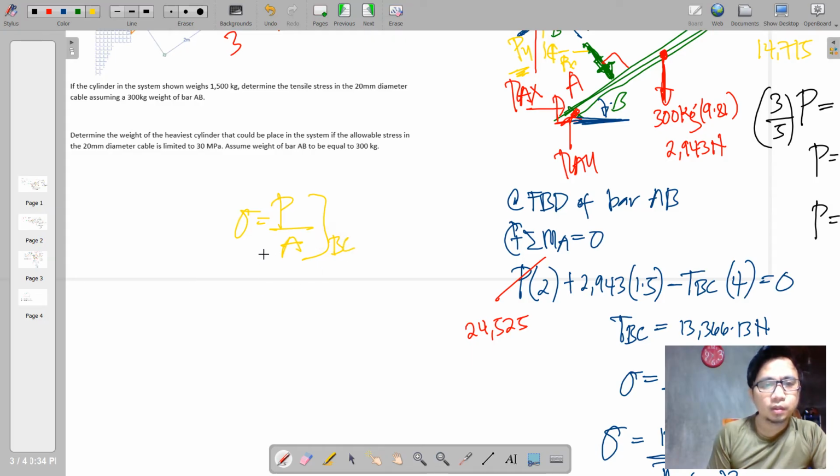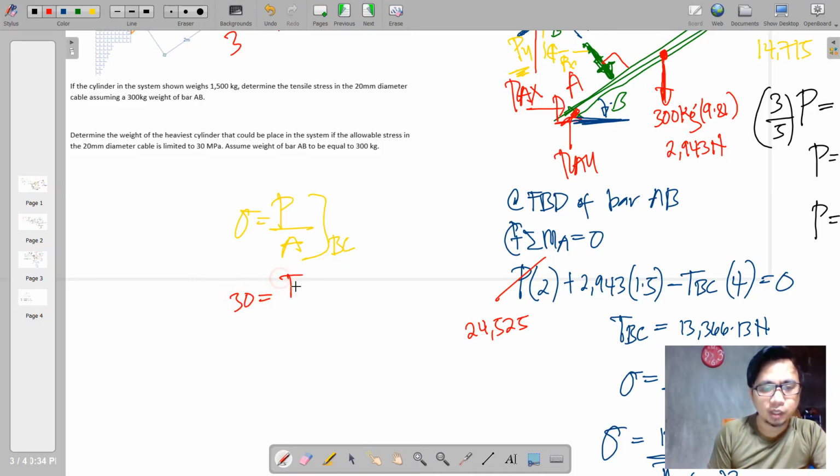Your cable BC is limited to 30 megapascals.